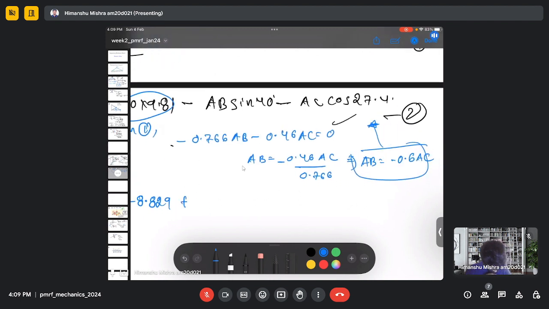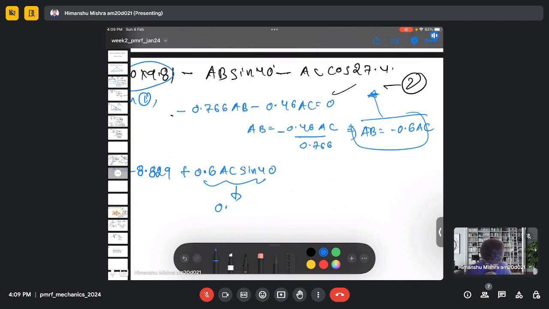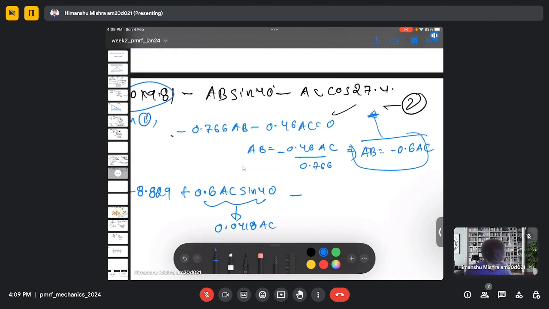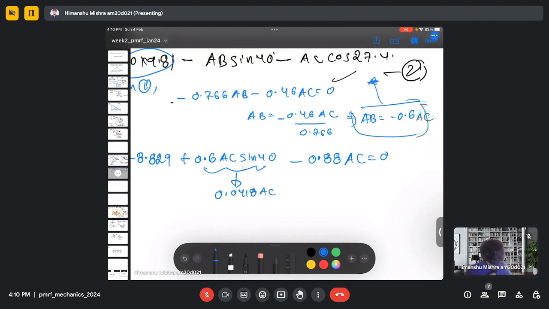So it will be plus 0.6 AC sine 40, so this could be 0.0418 AC minus 0.88 AC equal to 0.